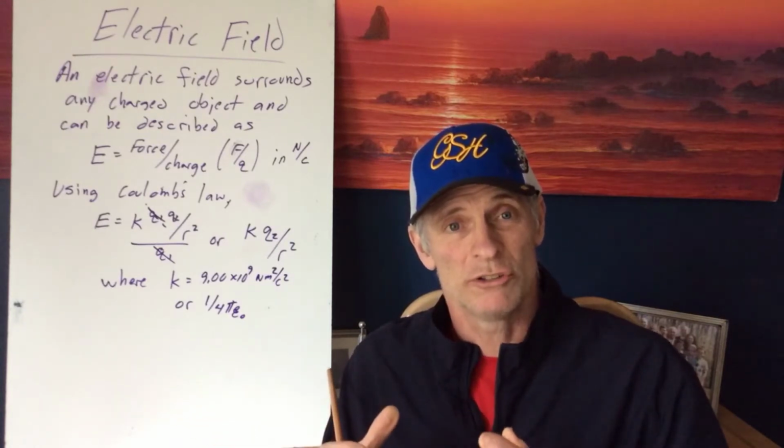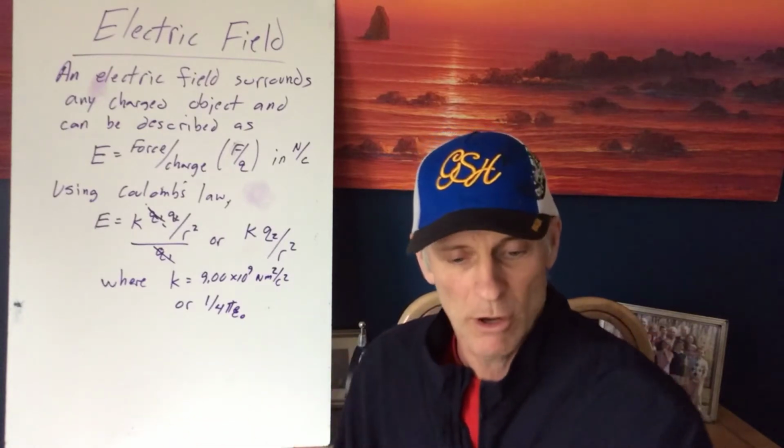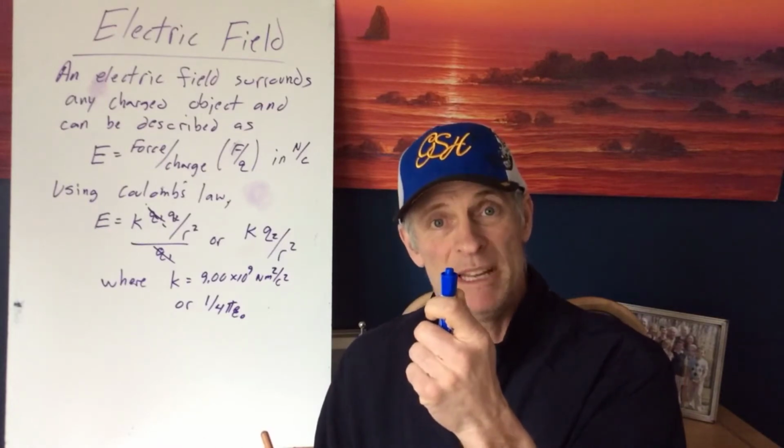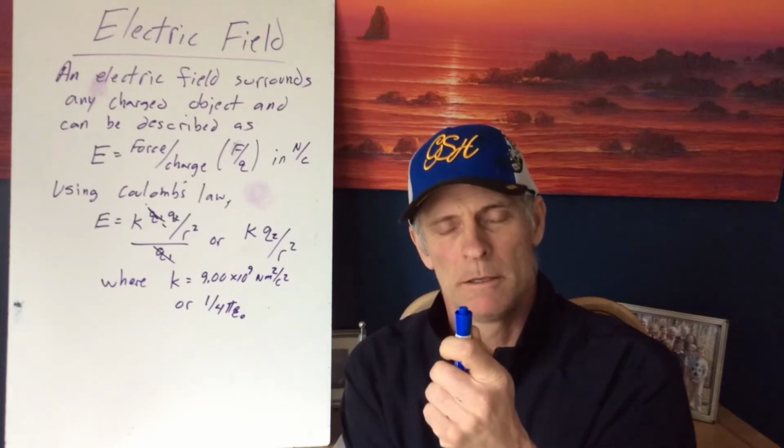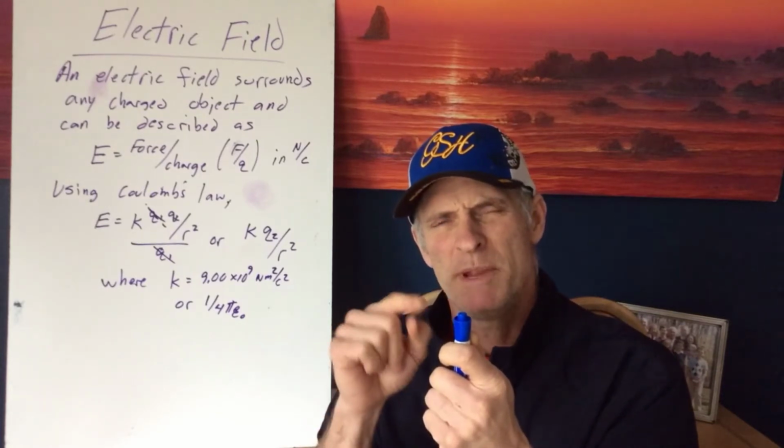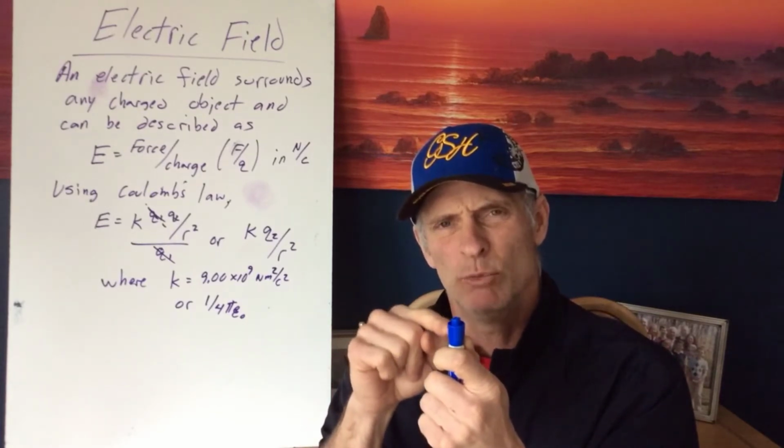Now, what is Q2? That's the charge that we're speaking about. So, if we remember, we talked about the head of this marker being a charge, let's say 15 coulombs of charge. There would be a force associated with this charge at a certain point.